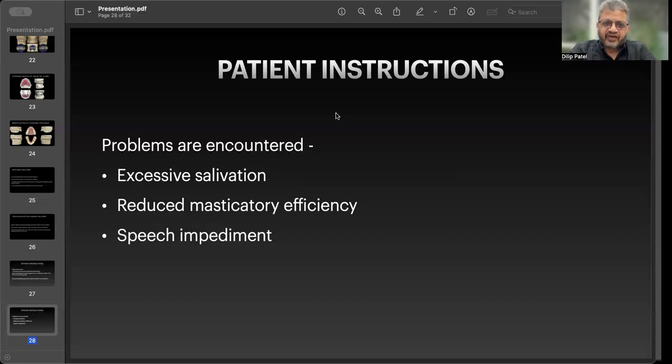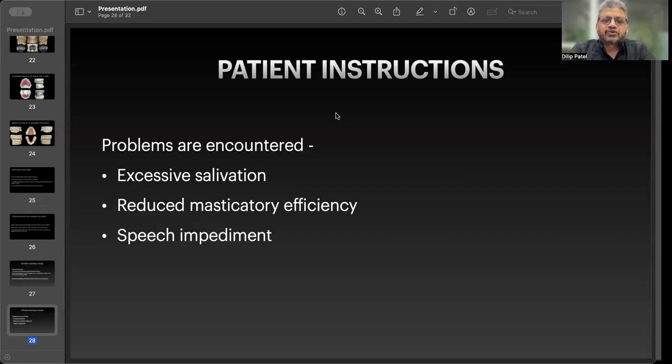Speech impairment. This is present for a few hours or a day because a certain area is occupied by the twin block appliance. Secondly, there is a change in the posture of the mandible, so the movement of the tongue, palate, and teeth, which produce certain pronunciations, may be hampered.